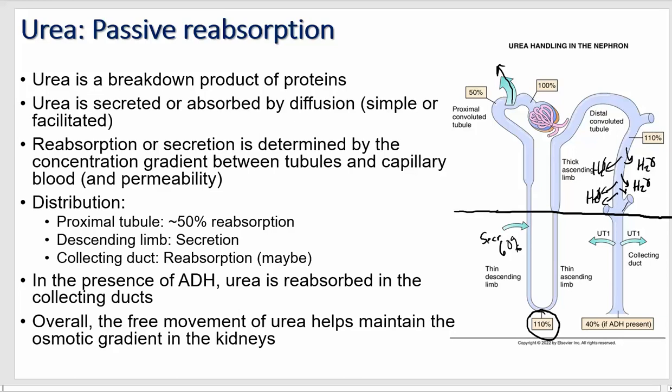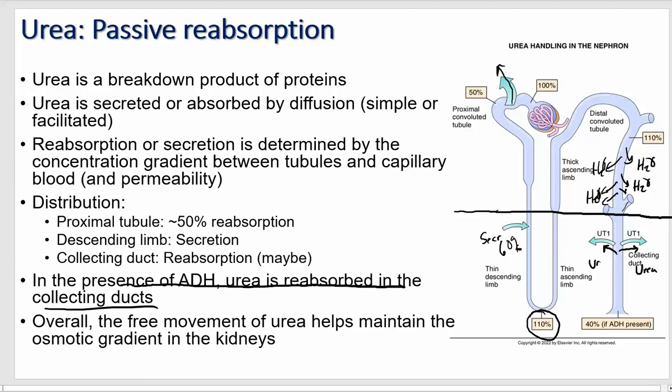Okay. And so then down here, it's like, okay, we have a high concentration of urea. And then it's like, okay, so now in the presence of ADH, that urea is able to move out. So we put in urea transport proteins, and we're allowing the urea to move back out.